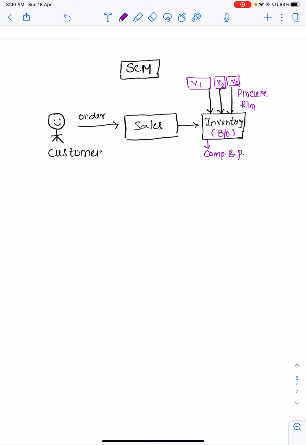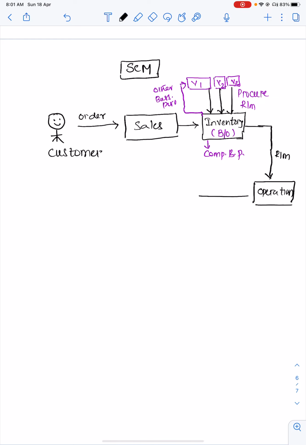Which is connected to what? It is connected to other business processes. So the uniqueness is that we do not see it only from a single organization perspective; it is connected to other business processes as well. It's a very important point. From inventory, we send the raw material, spares, components, etc. to the operations department.